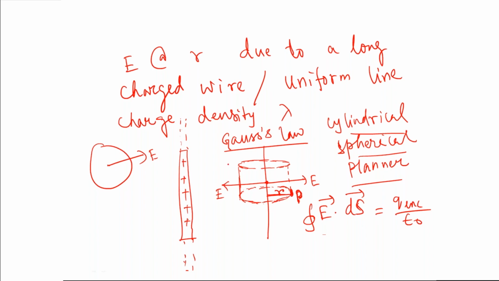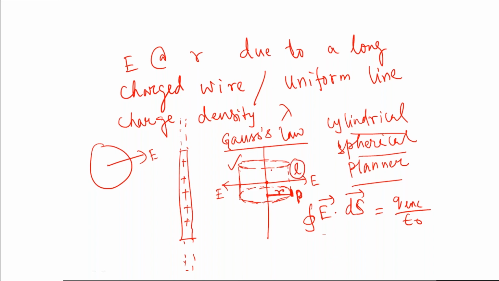You might be thinking, sir, the wire is infinitely long, but you have taken only this much length l for the cylindrical Gaussian surface. I'll show you that the length does not matter here.